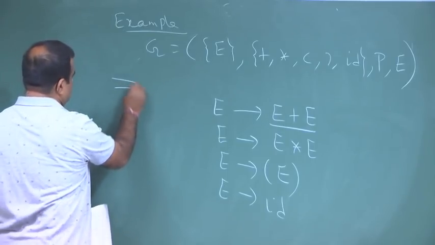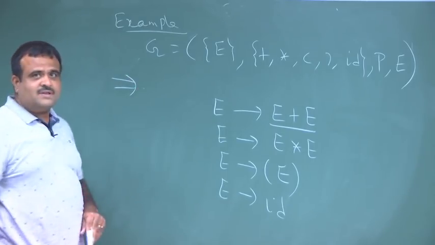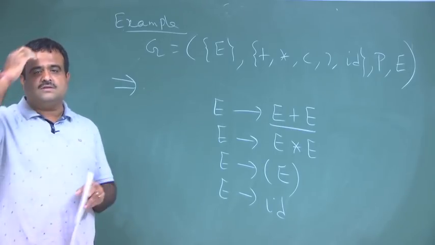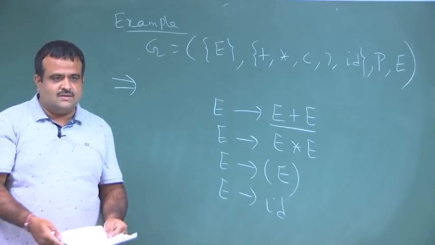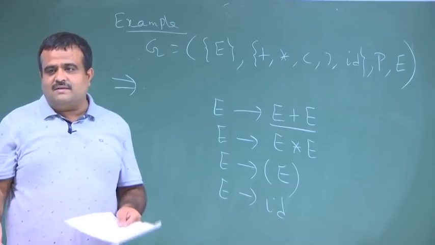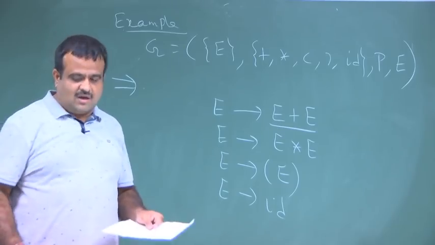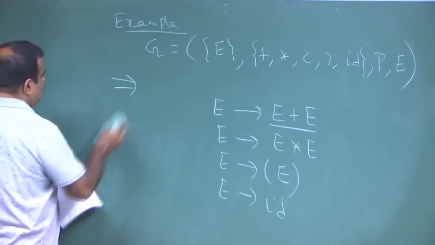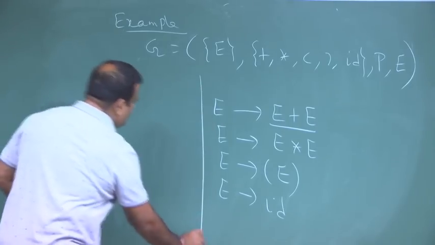Derivation means we start with a variable and using the productions we go like this. If we apply one production rule, this is a direct derivation, otherwise it will be with a star like this. So, let me just write these rules.